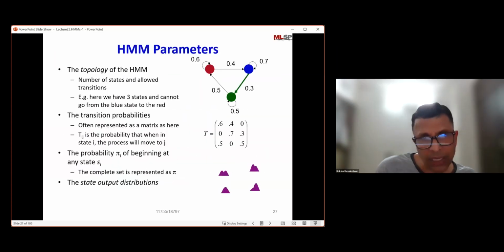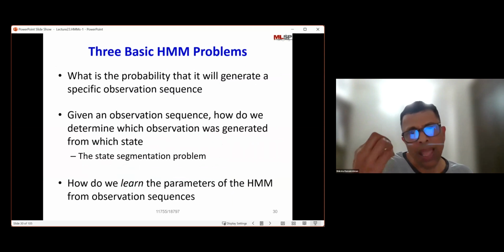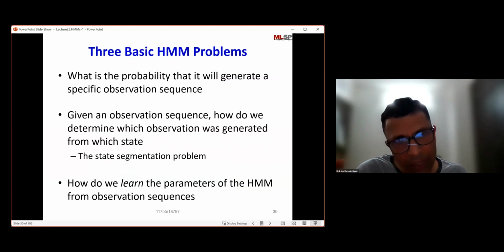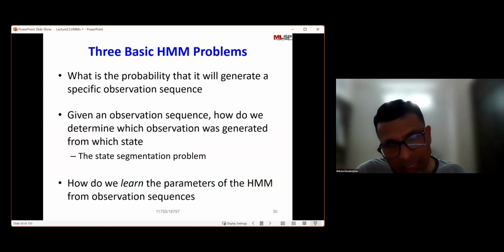So this is in fact a probability distribution. And in the nature of probability distributions, there are 3 different questions we can ask. First is, what is the probability that this process will generate a specific observation sequence? The second is, given an observation sequence, how do I decide which states the process was in generating any particular observation? This is called the state segmentation problem.